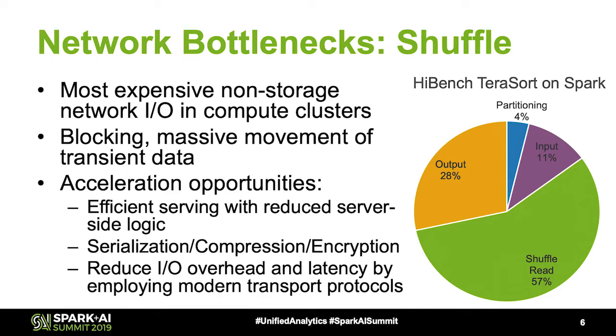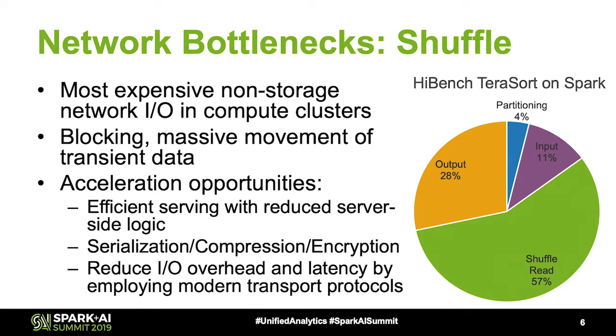One example of a network bottleneck, which is very common in big data and AI platforms, is shuffle. It's the most expensive non-storage network I/O operation in compute clusters. As we can see on the right here, this is an example of how a breakdown of a HiBench TeraSort job looks on Spark.